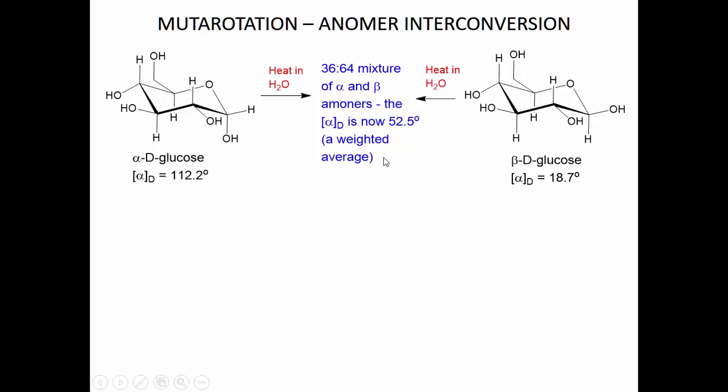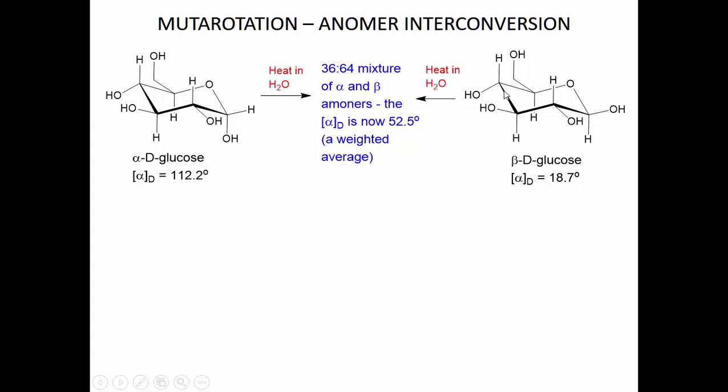You can also isolate beta-D-glucose, and this rotation is 18.7 degrees. All right, notice that they're diastereomers, right? They're different at one chiral center, but not all. So the fact that they can have different rotation values is nothing wrong. They're not equal but opposite is what I'm getting at.